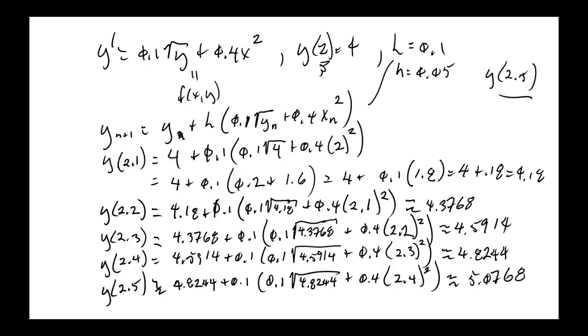You still don't know what the exact answer is because you can't come up with an exact answer for that equation. Technically, what you would do is do this until you get to 2.5, and that gives you an answer. Then you start back again and take half of your h again, okay?